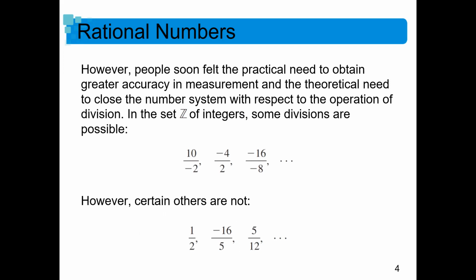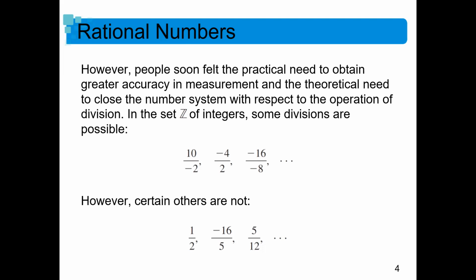If you remember the idea of closure, it's like you get two numbers from a set and the result should still be a member of the set. For example, the set of natural numbers is closed for addition because when you get two natural numbers, 1 and 2, when you add them, the answer is 3, and 3 is still a member of the set of natural numbers.